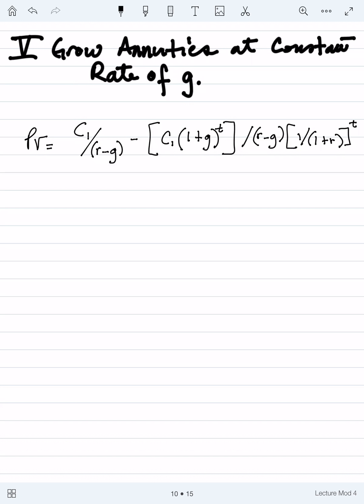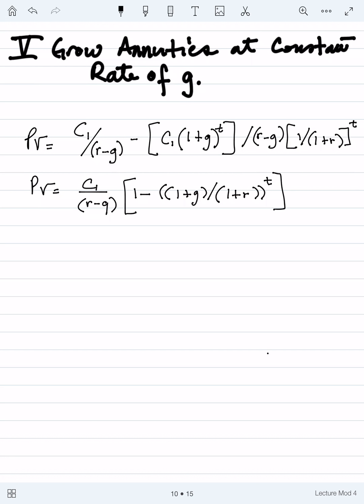We could take the present value of the cash flow in the first period over R minus G, times 1 minus 1 plus G over 1 plus R, raised to the T. So we're taking whatever growth takes place and discounting the growth by 1 plus R.